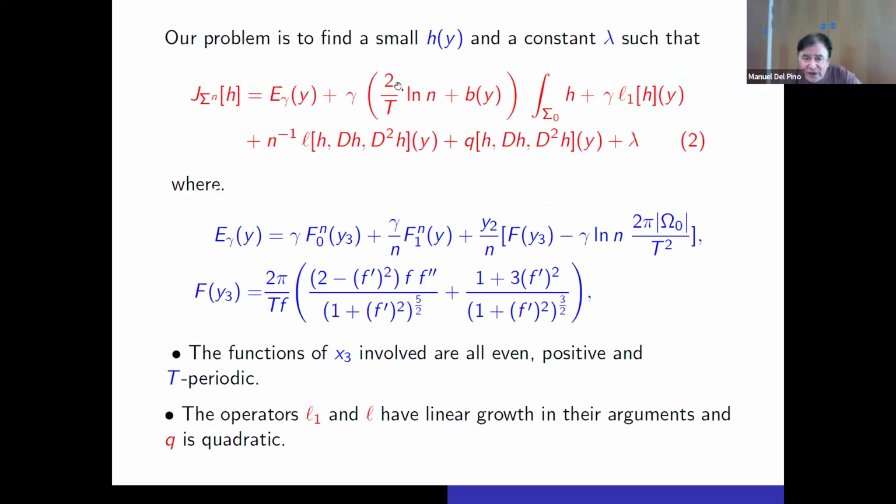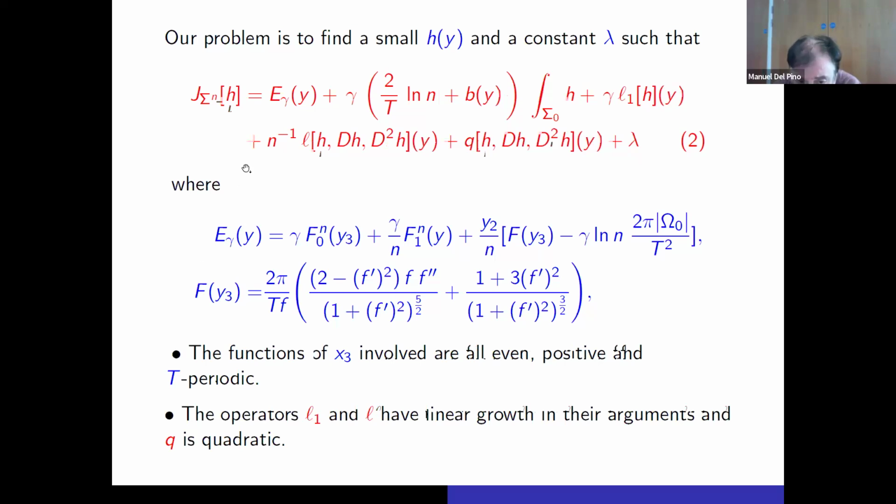Our problem is to find a small function h. Say the full problem can be stated like this, such that this equation holds true. Yeah, I say this: the Jacobi operator for h is equal to this error of approximation plus all this garbage here that depends on h, but defines small operators in h.